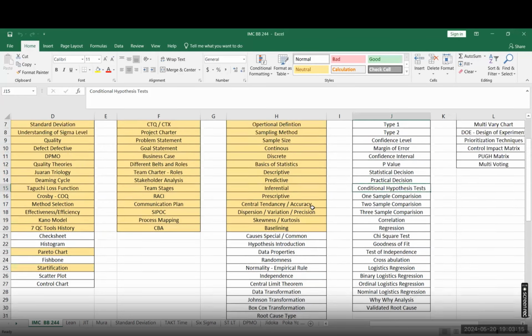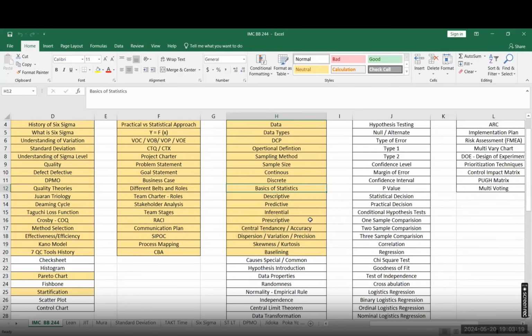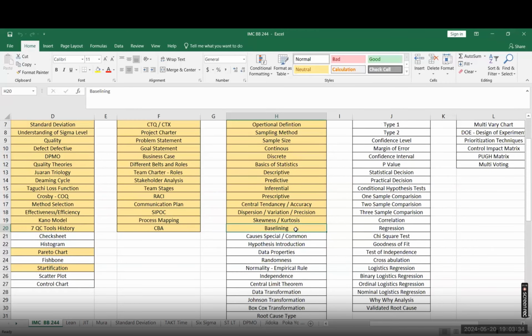So we have done the baseline in the last week. We understood the statistics, central tendency, dispersion, skewness, and kurtosis, and we did the baselining in Excel as well as in Minitab. Now today, I am going to introduce you to the most important part of Six Sigma, which is hypothesis testing.